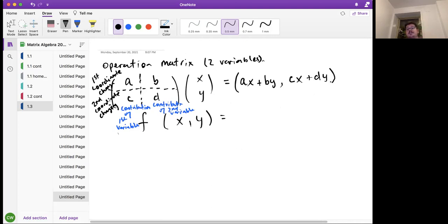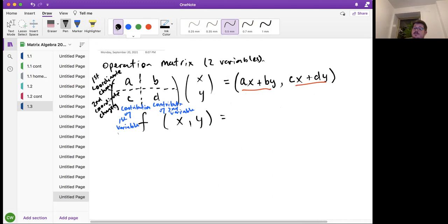This is how we're defining a matrix as a linear function. Notice it's linear because these things look like lines, right? So it's linear in both X and Y.